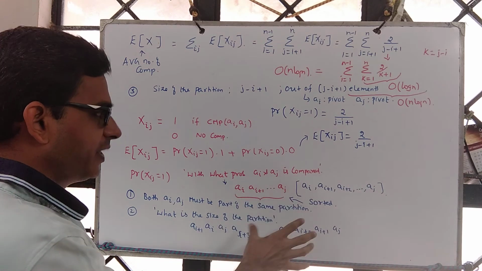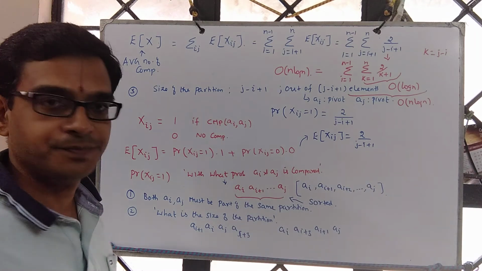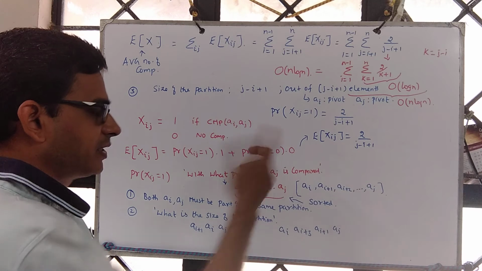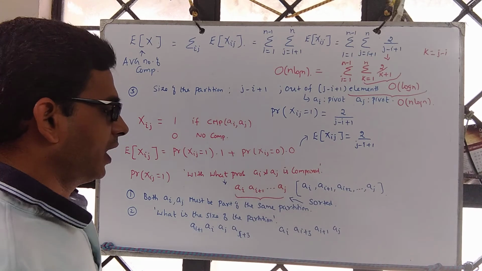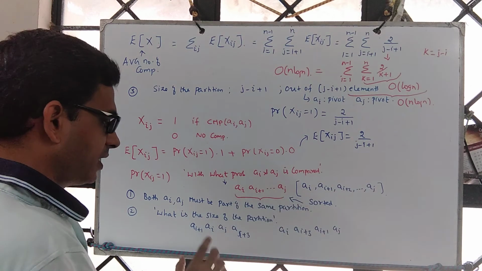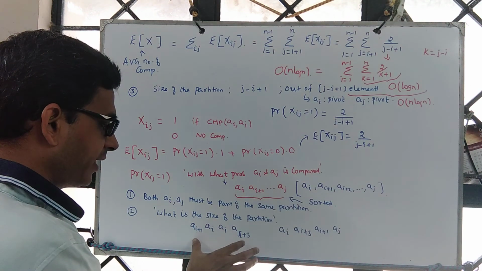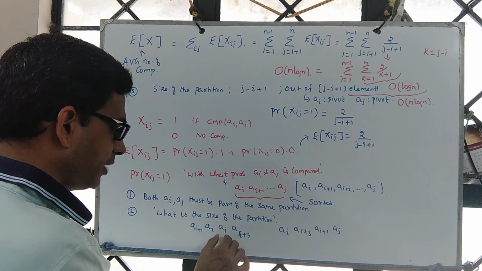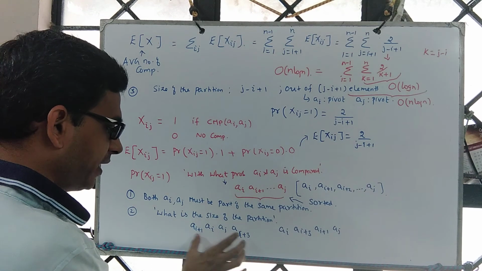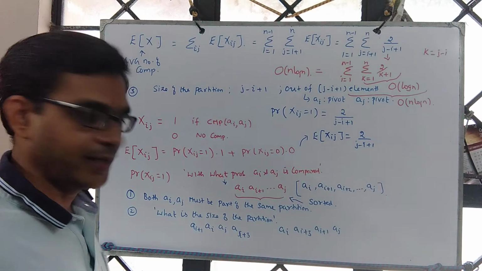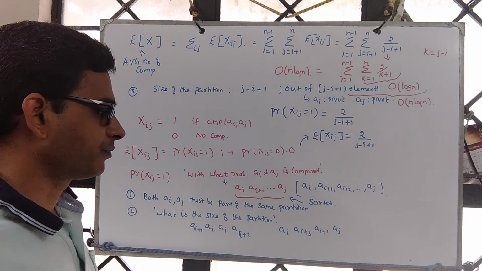With this you can estimate the size of that partition, which is j minus i plus 1. Why am I arranging like this? Because we don't know: the partition that I get as part of a recursive subproblem may be like ai, aj together, to its left you may find i plus 1, i plus 3, or it may be some other order. But ai and aj must be there for sure.